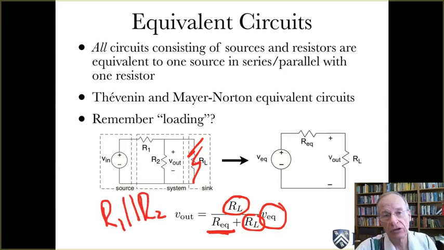So as long as the load is big compared to whatever this parallel resistance turns out to be, then you can attach the sink to the circuit and it won't change V out. However, if RL is smaller than that quantity or comparable to it, that output's going to change. And that may not be what you want. It depends on the application. This little simple example points out the power of using equivalent circuits.